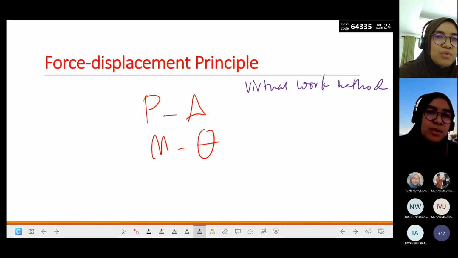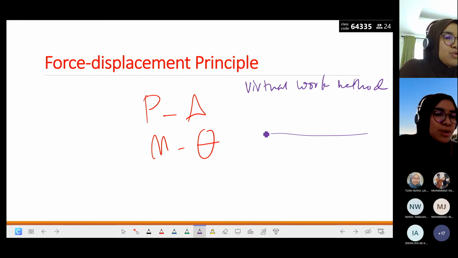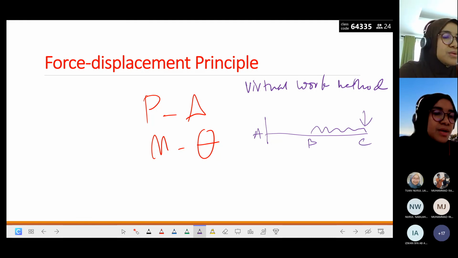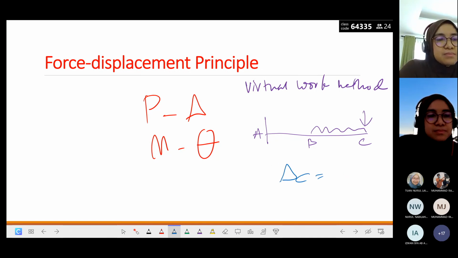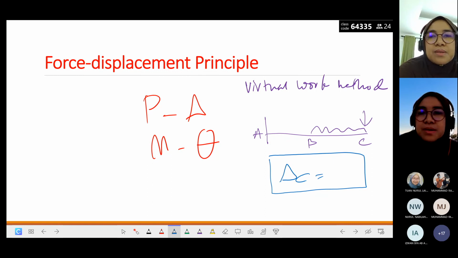Do you remember? For example, the question is to calculate deflection at C, using the unit load method or virtual work method.